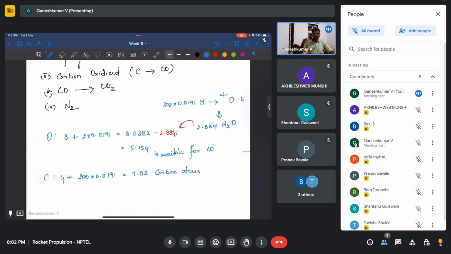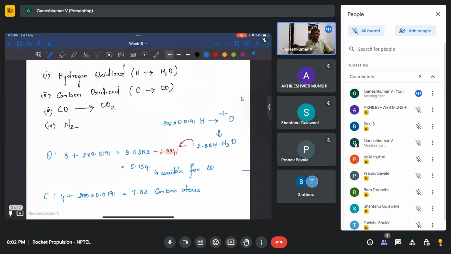But I have only 5.1541 oxygen, which means I don't even have enough oxygen to form CO itself. So the maximum CO I can form is 5.1541.